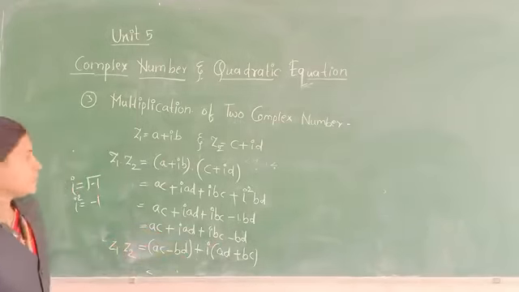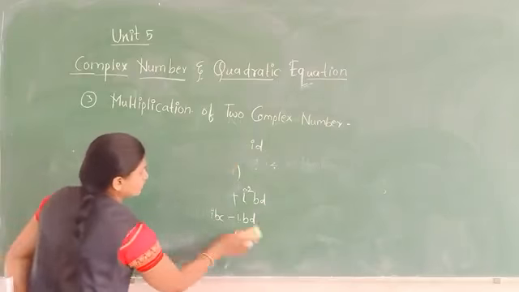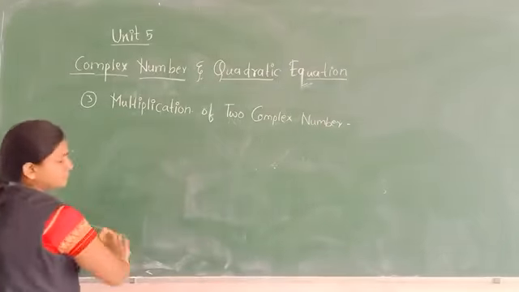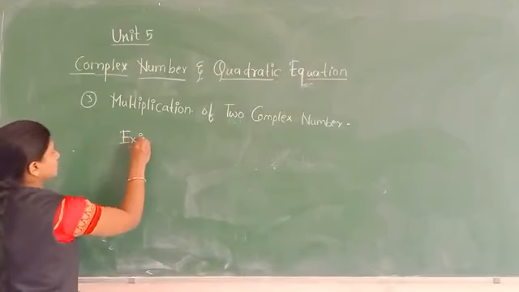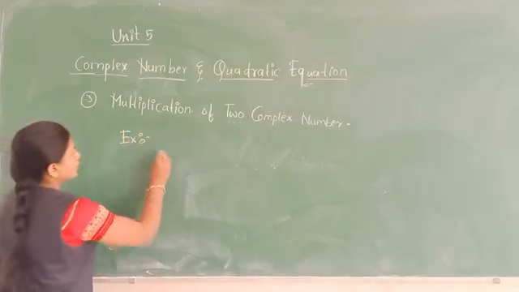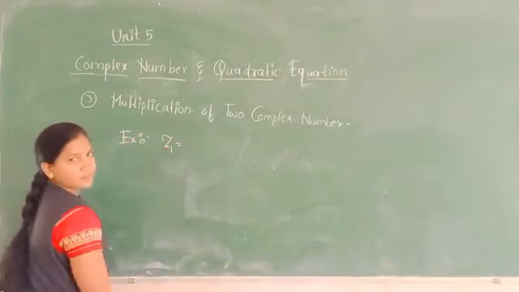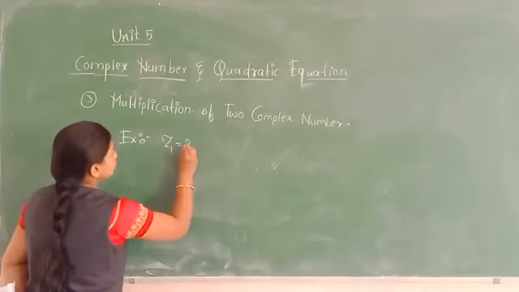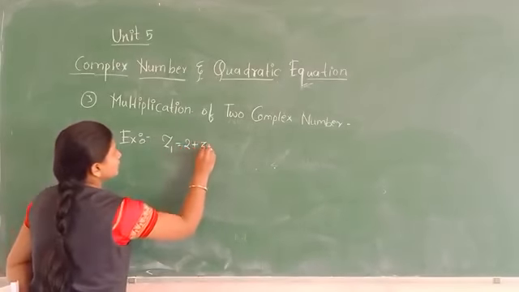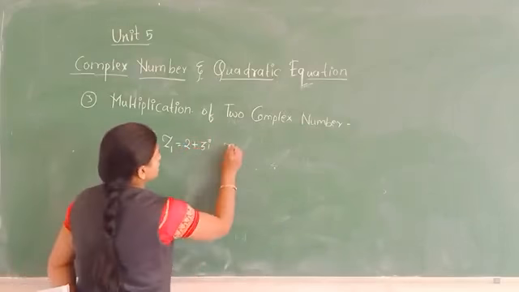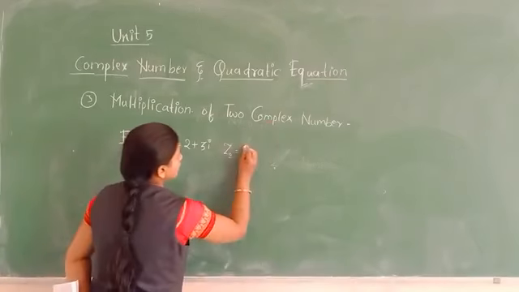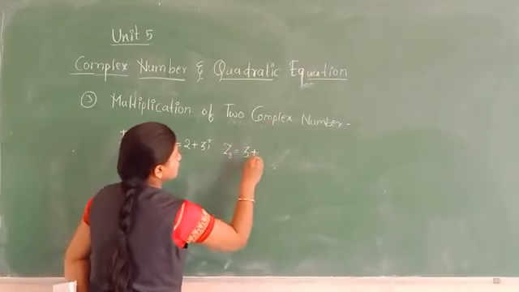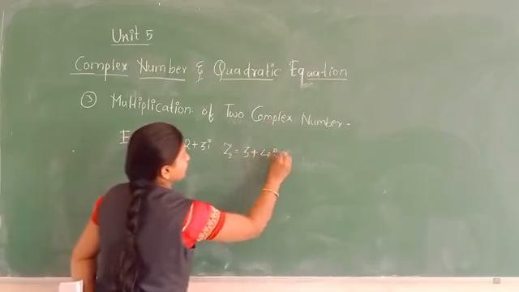Okay, so here consider an example. There are two complex numbers. Z1 is equal to 2 plus 3i and Z2 is equal to 3 plus 4i.